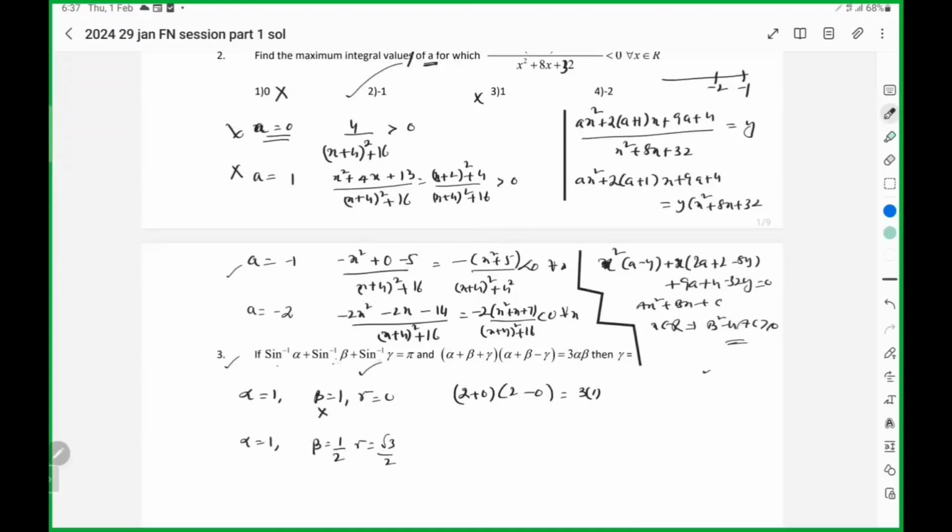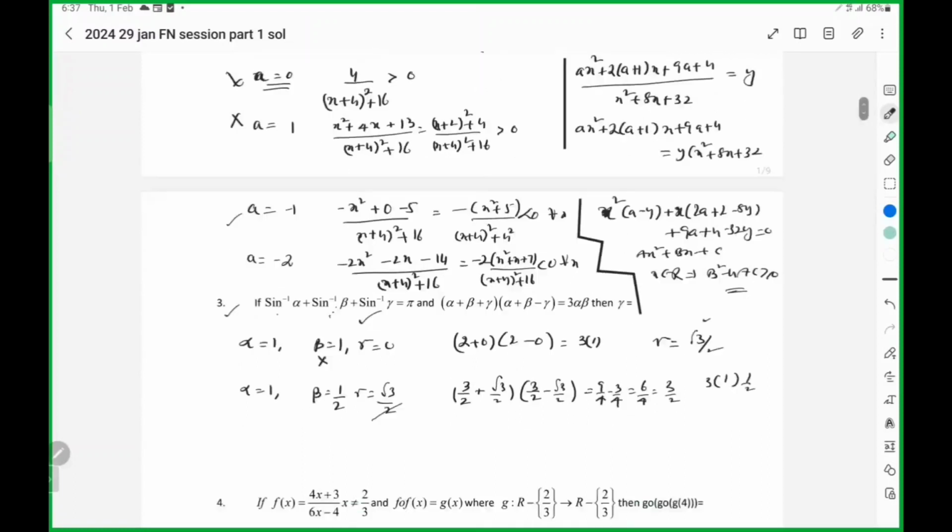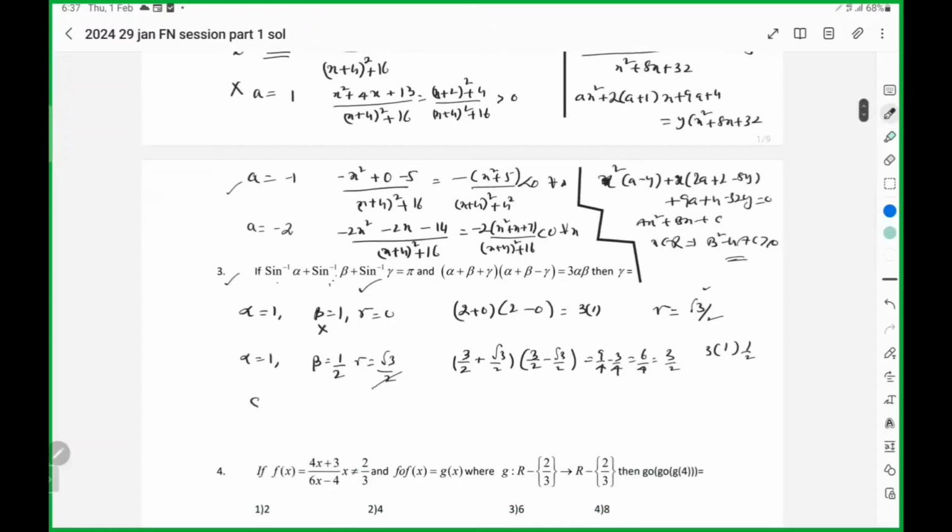Now if you substitute, 3 by 2 plus root 3 by 2, 3 by 2 minus root 3 by 2, 9 by 4 minus 3 by 4, 6 by 4, 3 by 2, 3 alpha beta, yes, it satisfies. Gamma value is root 3 by 2. That's all.